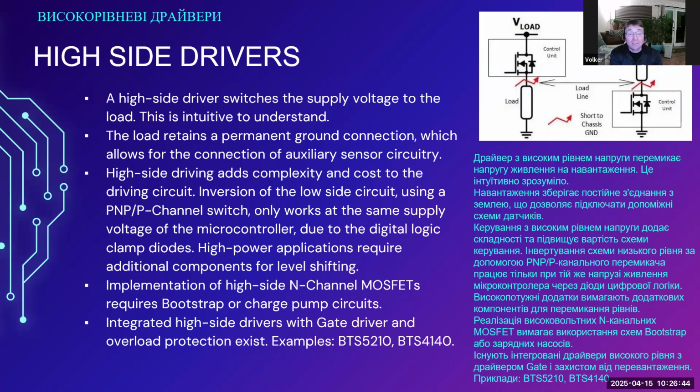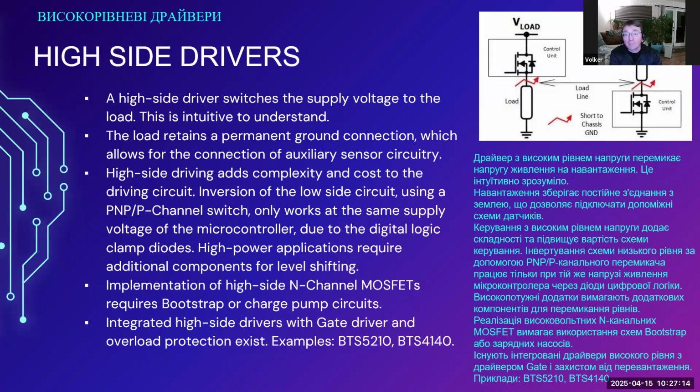So you can try a few other possibilities. You could try to use a PNP transistor and hook that up. You can do that without the disadvantage of the first solution if you use a PNP transistor, but you are still limited to the supply voltage of the microcontroller that you can switch, which in most cases is not what you want.